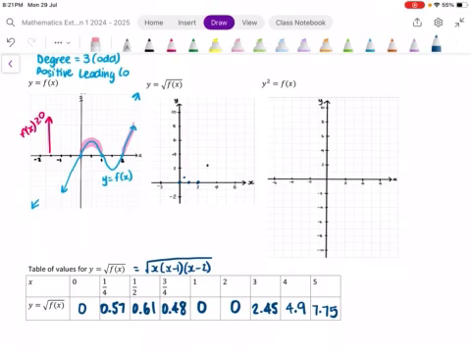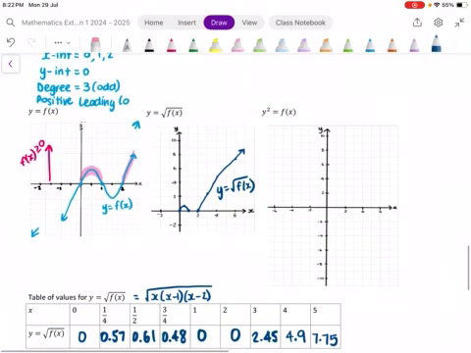At 4, it's at 4.9. And at 5, it is at 7.75. So we have a little hump between 0 and 1, and then almost a straight line from 2 to infinity, and that is the graph of y equals the square root of f(x).